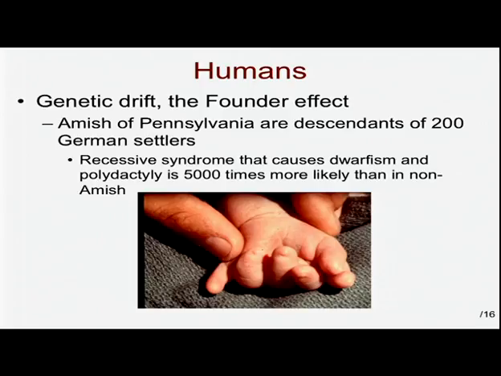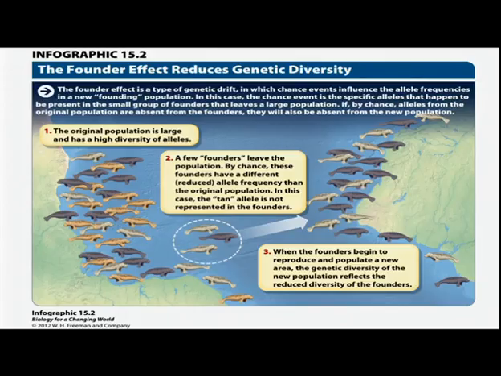I don't like the term either, I'm with you. It's not that these guys drifted over here physically. It's that the trait frequencies drift away from 33% to 50-50, right?